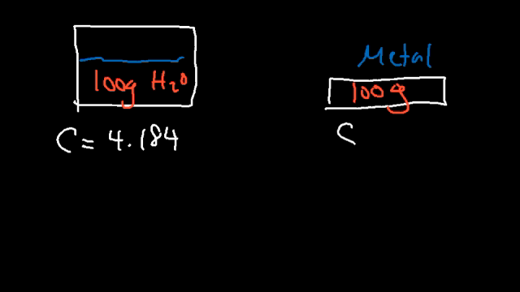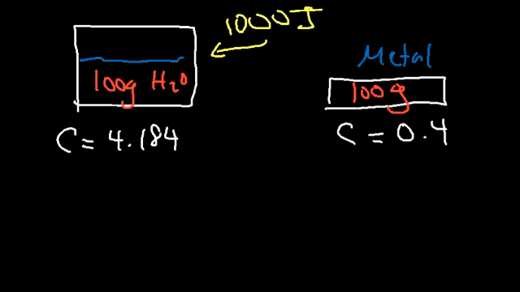Now, the specific heat capacity for metals, compared to water, they're fairly low. So let's say this metal has a specific heat capacity of, let's say, 0.4. So let's add 1,000 joules of heat energy to each sample. So if we add 1,000 joules of heat energy to the water and to the metal, which one will experience a greater temperature change? Is it the sample of water on the left or the metal?